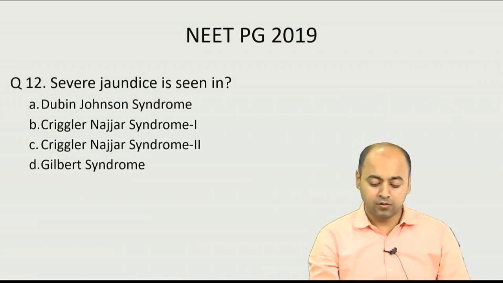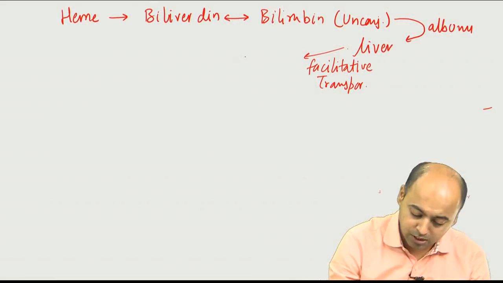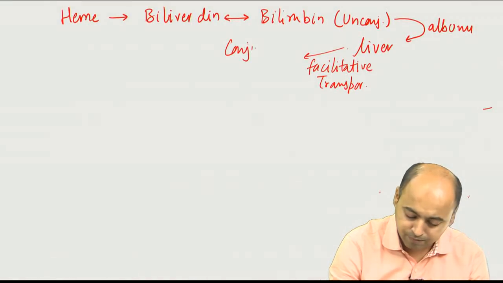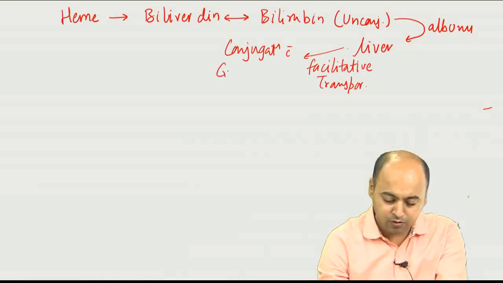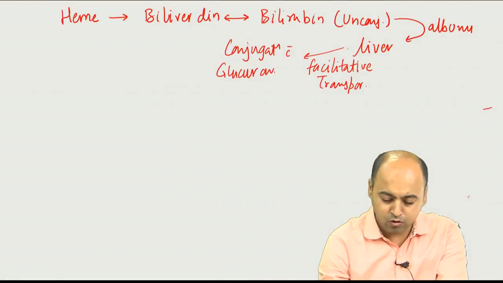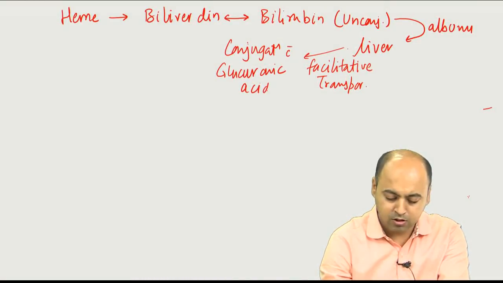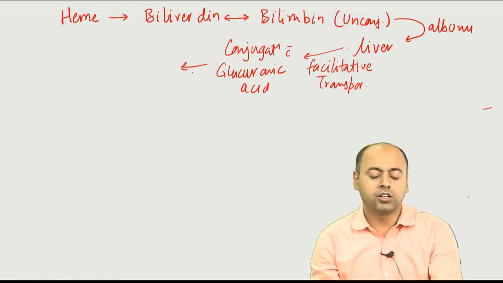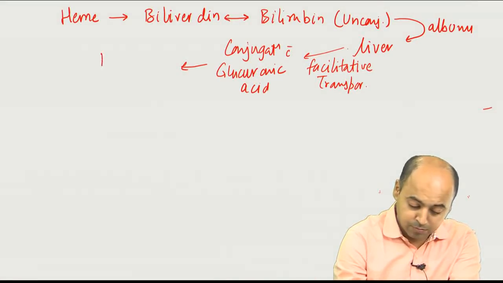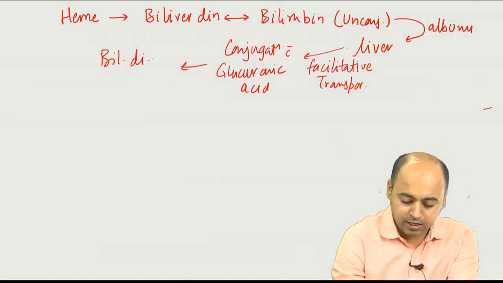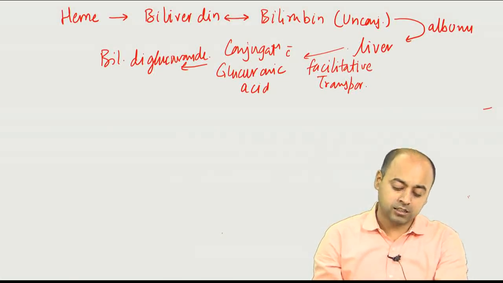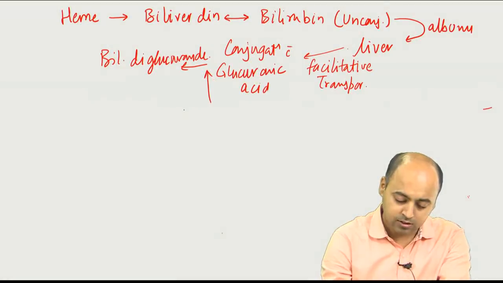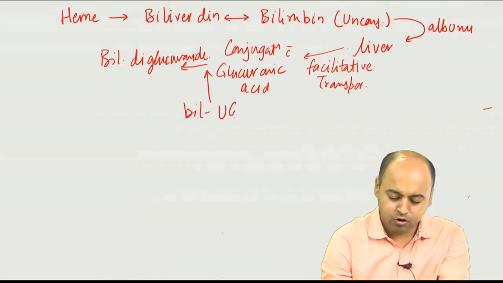And inside the liver, the bilirubin undergoes conjugation. The conjugation occurs with the help of glucuronic acid, giving us the bilirubin diglucuronide. The enzyme catalyzing this reaction, the conjugation, is the bil-UGT.